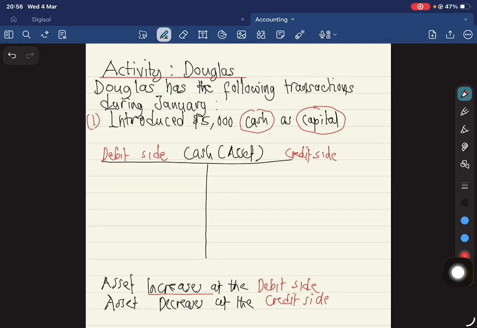We said it increases at the debit side, so we write 5,000 here, and it increases as a result of capital, so in the name of capital.